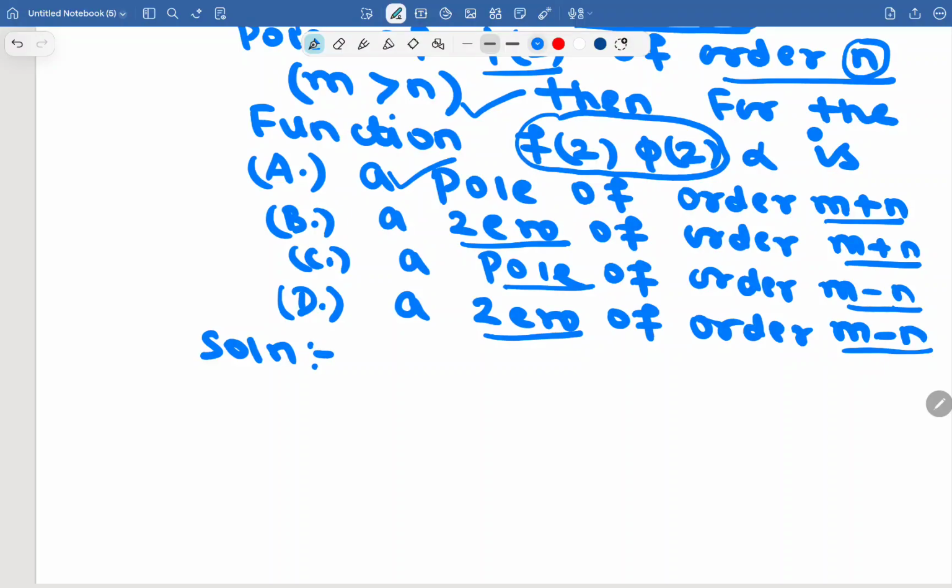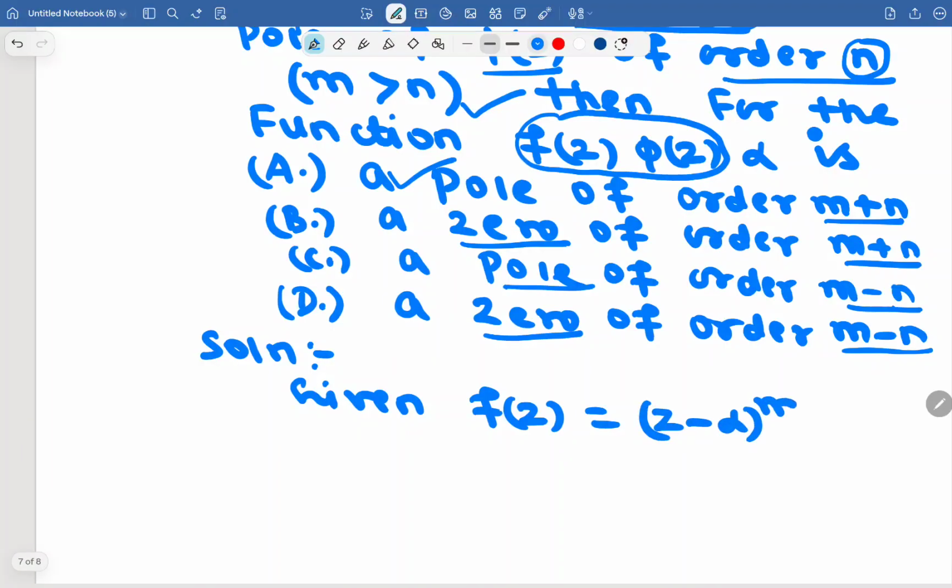Solution: given f of z 0 of order m, therefore z minus alpha power m with g1 of z, that is z minus alpha power m into g1 of z with g1 of alpha not equal to 0.